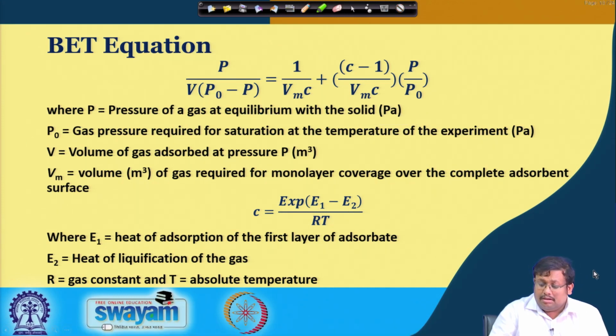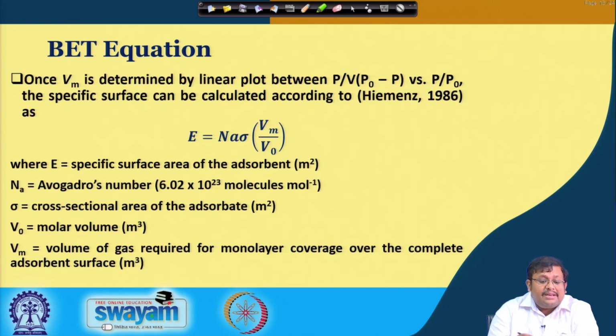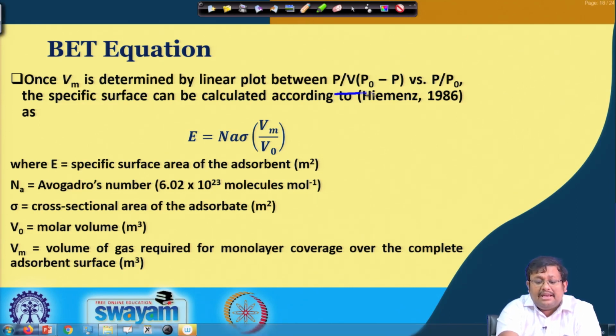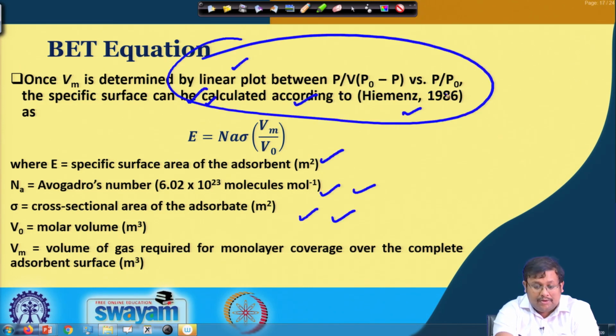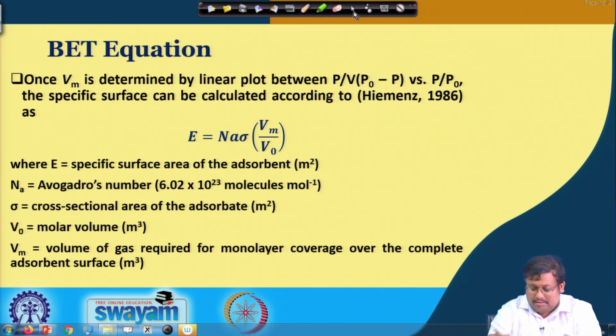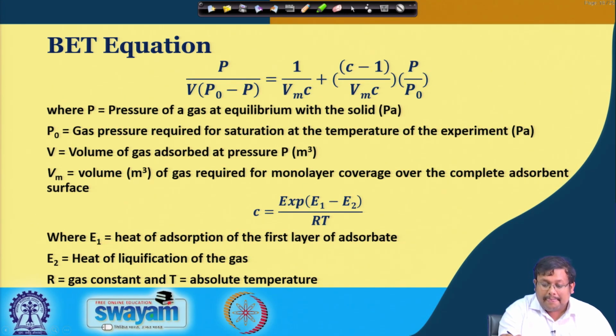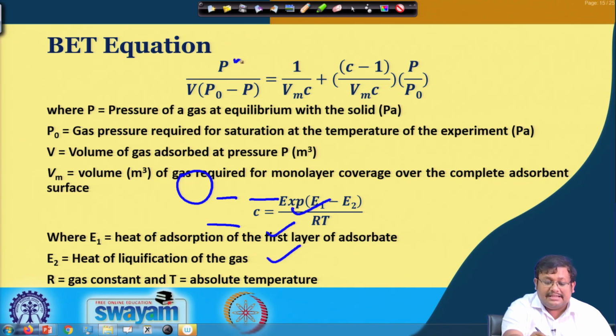So, we know this formula. Once Vm is determined by the linear plot between PV versus P by P0, if we go back to our previous slide, it will be clear that if we draw a graph using these two, with one as the dependent and the other as the independent variable, this is basically the slope and this is the offset.